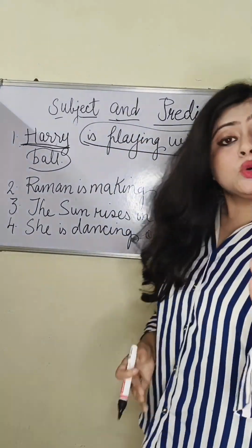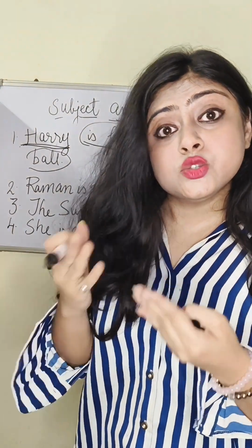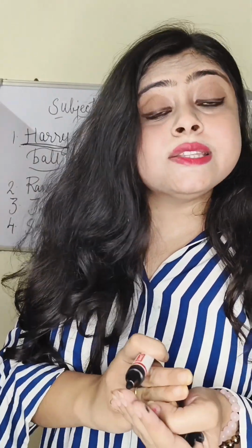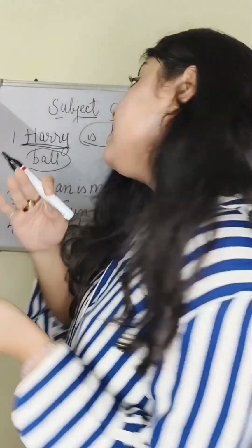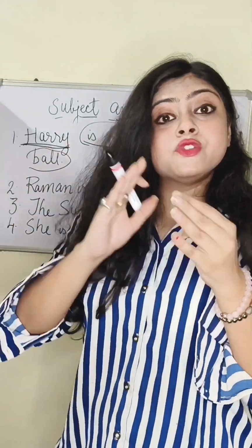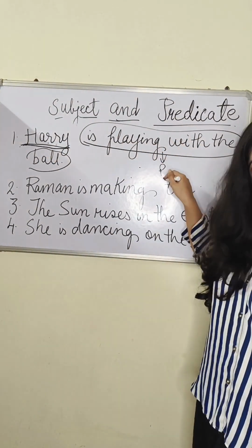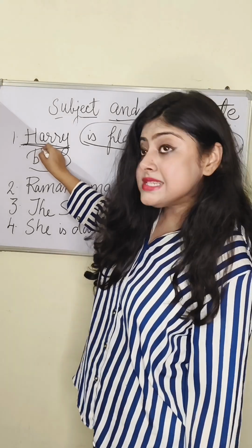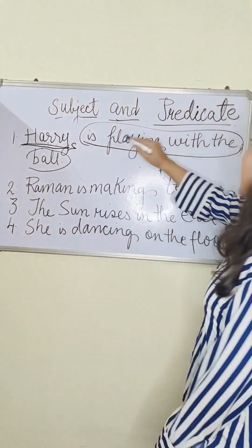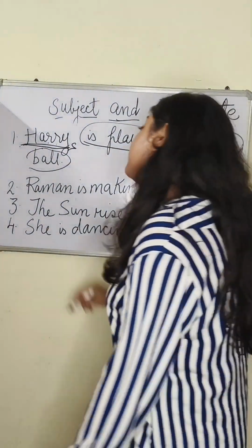Who is the doer? Harry. But what is the doer doing? The subject is playing with the ball. So I have circled playing with the ball. That means what the doer is doing is the predicate, and the doer is the subject. Harry is the subject and is playing with the ball is the predicate.